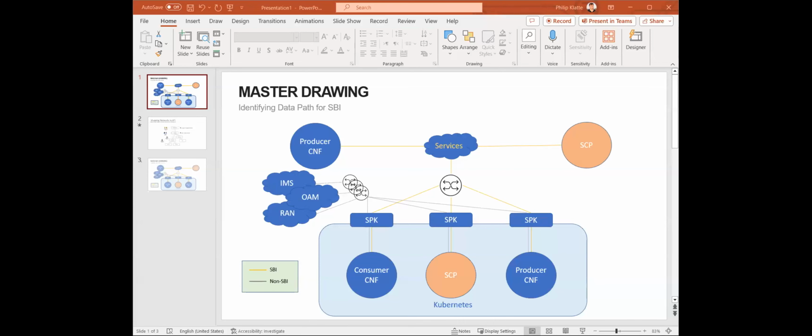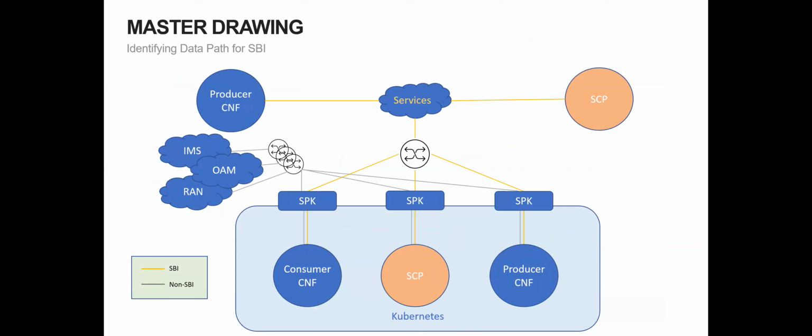I would have liked to generalize this drawing a little bit more, but I think it helps to illustrate the issue. We have a product called SPK, which is really a gateway. It's a path in and out of Kubernetes.